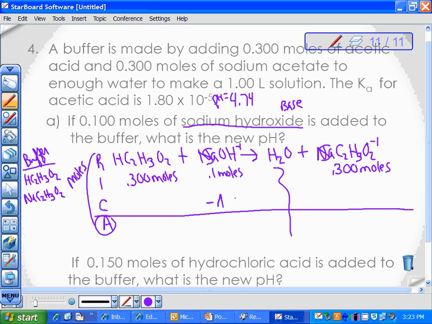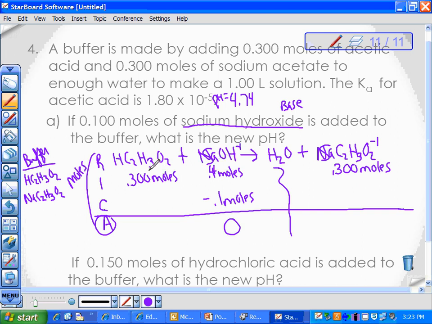So I'm going to subtract 0.1 moles here, because I want it to go to 0. That's why it's an A and not an E. At equilibrium, there would be something still there. So it's at 0. Basically, this reacted to make that go away. Now you can go past your buffer capacity, as if you had added 0.4.